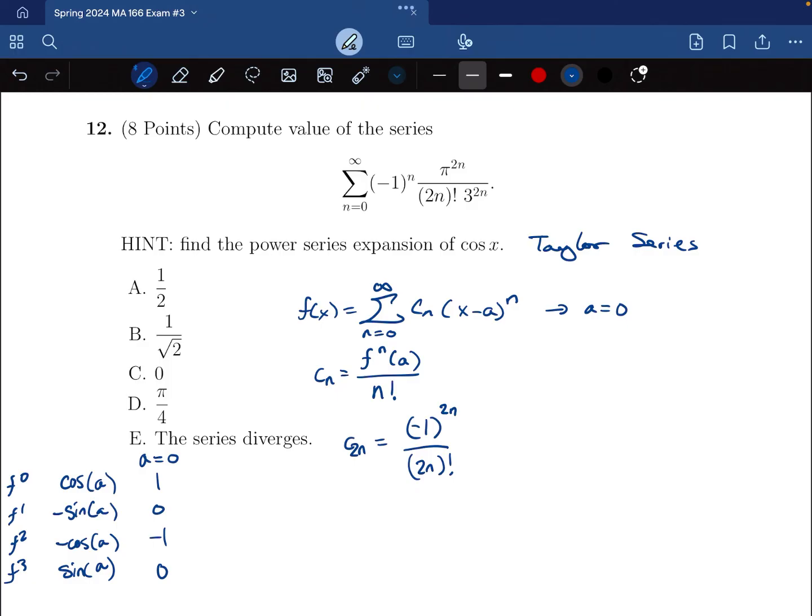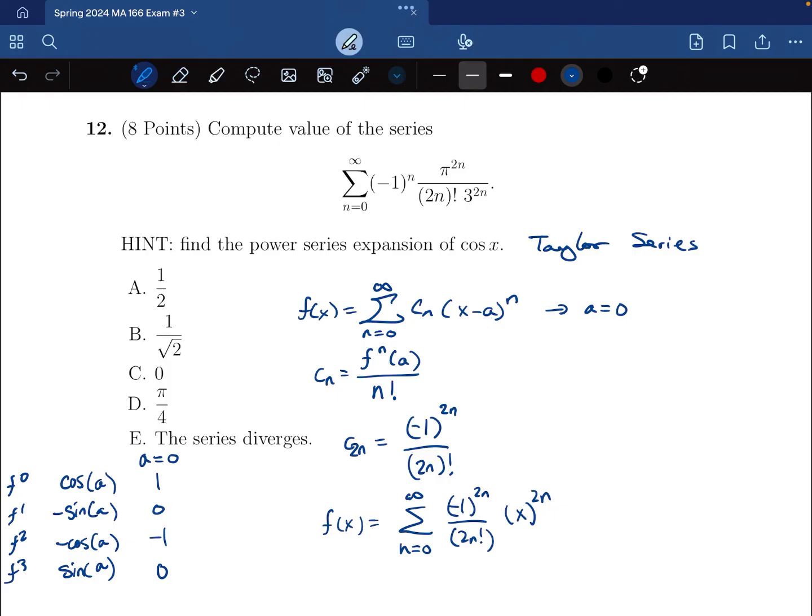So now that I have that, I can plug that back into the expression for f of x. So what I get now, f of x is equal to the sum from n equals 0 of negative 1 to the power of n divided by 2n factorial times x, and like we said, a is equal to 0, to the power of 2n.